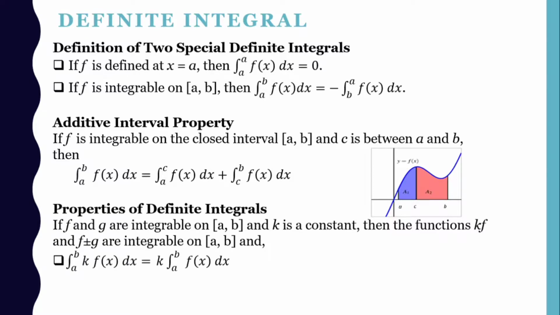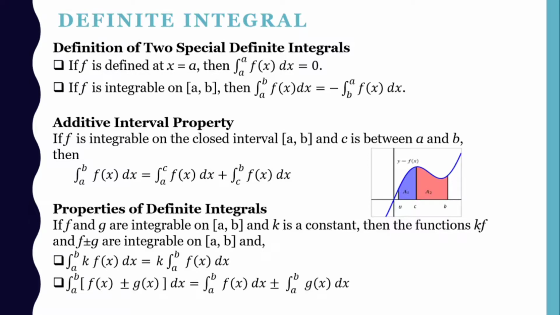First, the integral of k times f of x dx from a to b is simply the same as multiplying k to the integral of f of x from a to b. And the integral of f of x plus or minus g of x from a to b is just the same as the sum or difference of the integral of f of x dx and g of x dx from a to b.